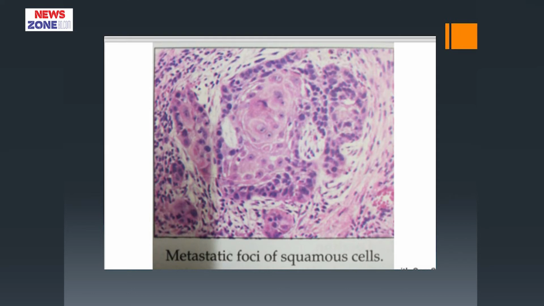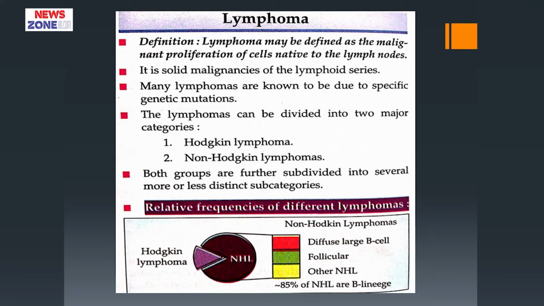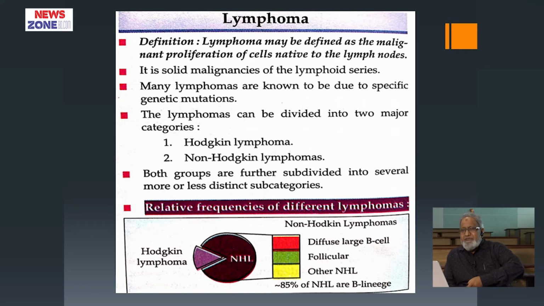Now we will discuss lymphoma. First you will ask, what is lymphoma? Lymphoma is defined as a malignant proliferation of cells native to the lymph nodes. It is a solid malignancy of the lymph nodes.